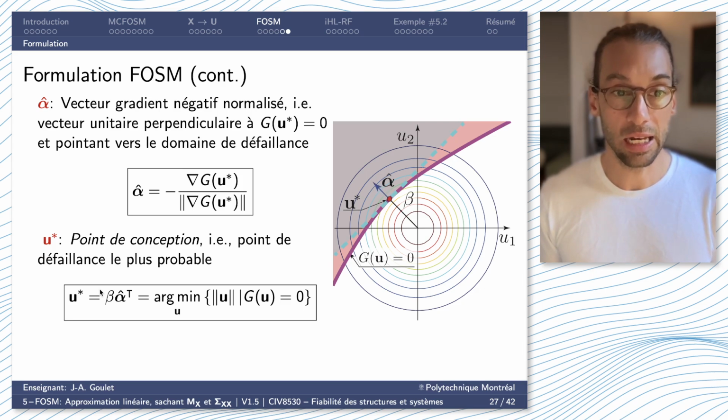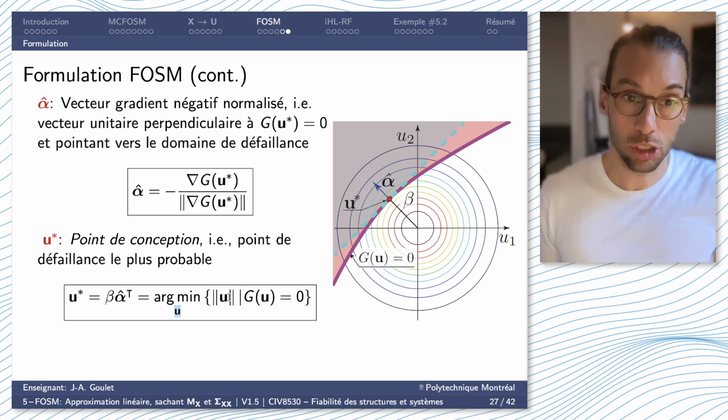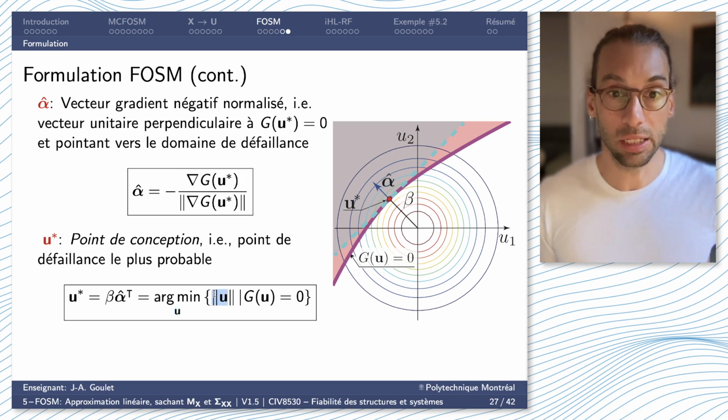This is equivalent to saying that my design point is the point, the coordinates u, that minimize the distance, so that has the shortest distance to the origin, such that the value of the limit state function is 0. So it's the point that is closest to the origin while being on the limit state surface.